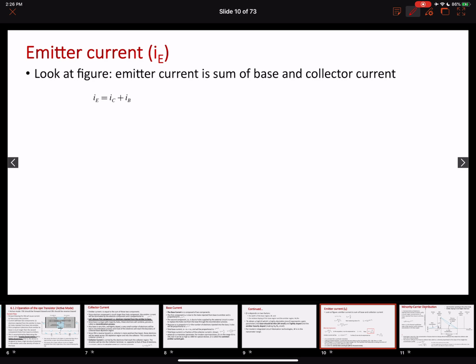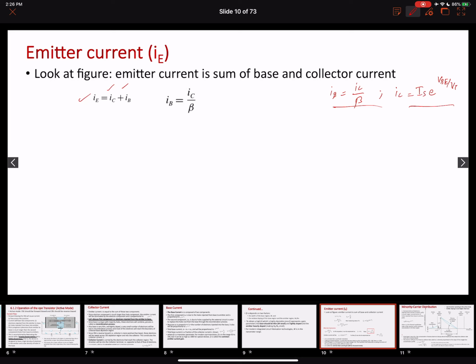The emitter current is the sum of the base current and the collector current, so we can replace the values of both of them. We know that the base current is a fraction of the collector current, IC over beta, and we also know that IC is proportional to the scaling factor, VBE over VT. Now we can replace these values into this equation and find the emitter current.